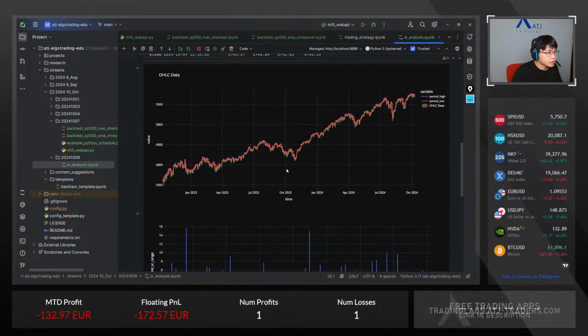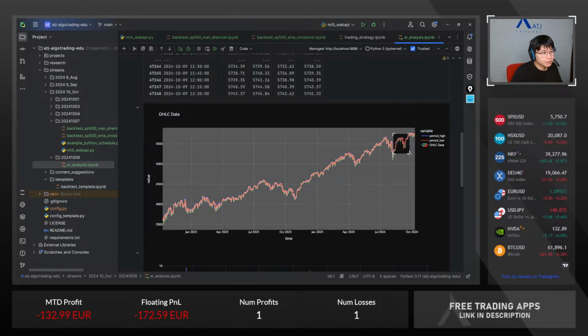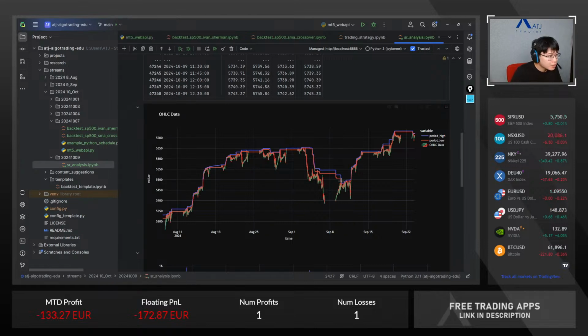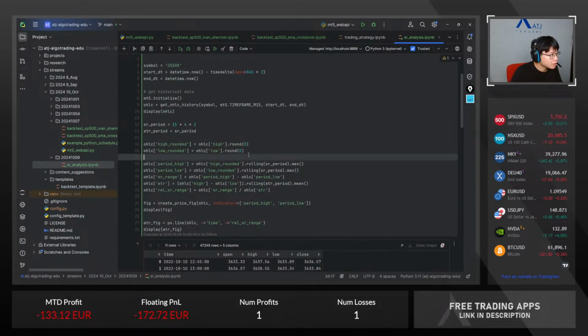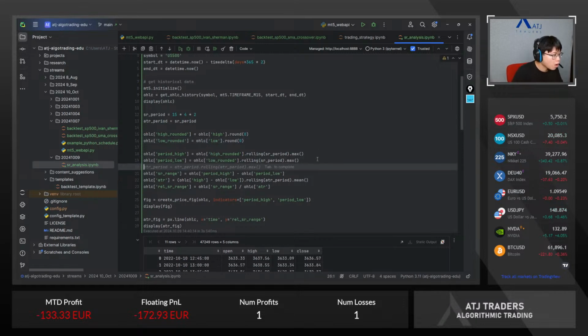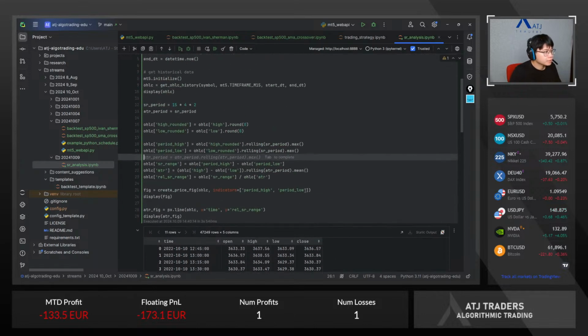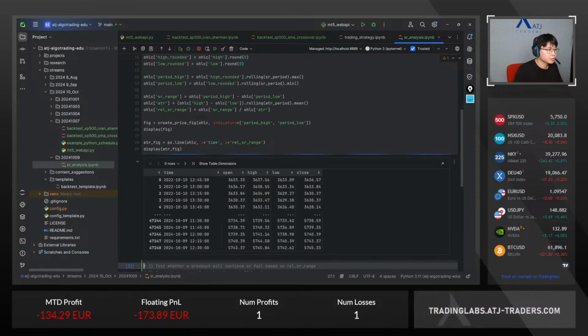Now if we look at our period high and low, what you can see here is the curves, oh no, I think I made a mistake with the red line. Period low is low rounded, rolling SR period. Oh, of course, it has to be the minimum, not the maximum.